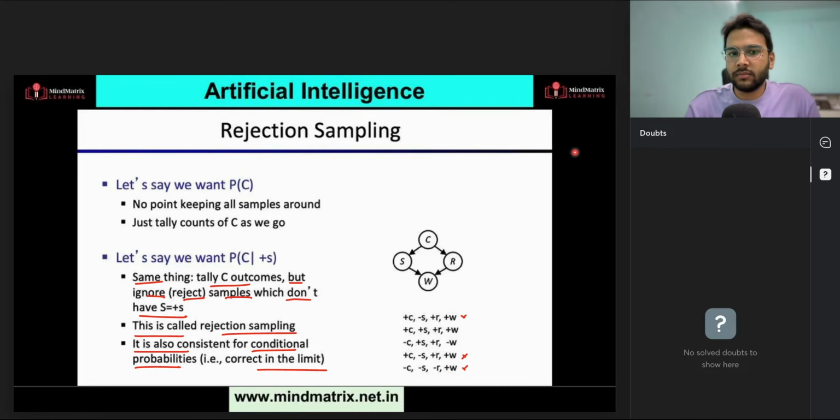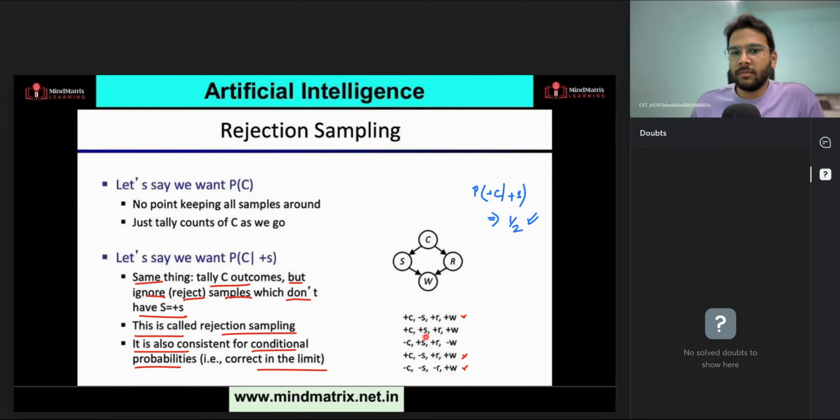Which value? Yeah, now it depends on what you want to calculate. Let's say if I ask you, can you answer this? Anyone? Using this rejection sampling, can you answer this? 1/2, as simple as that.